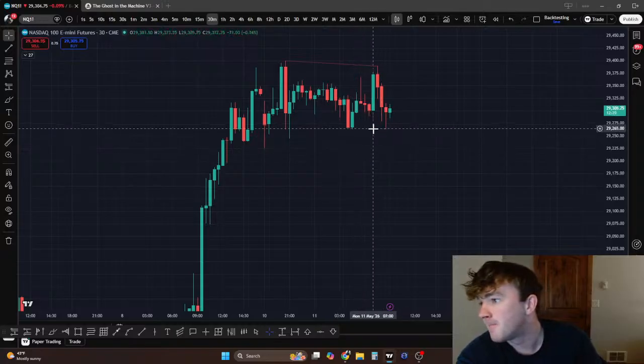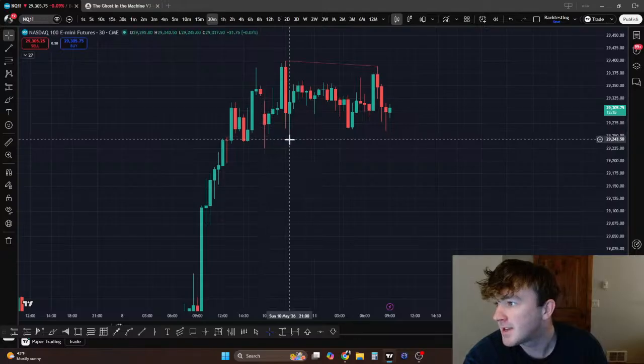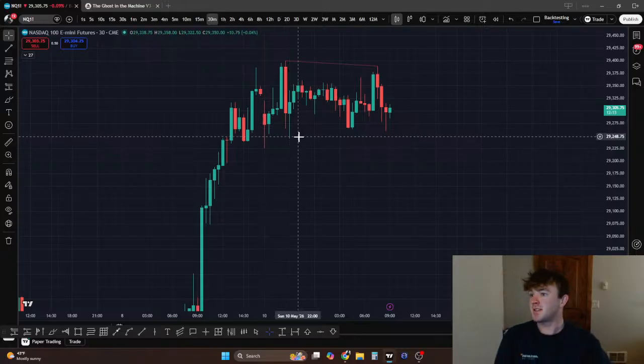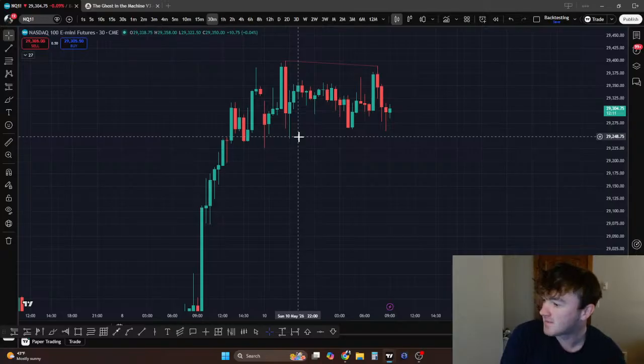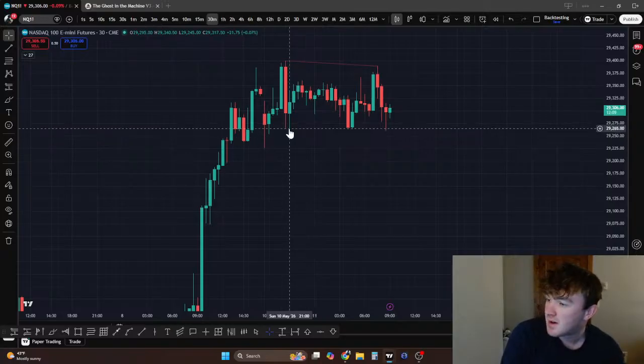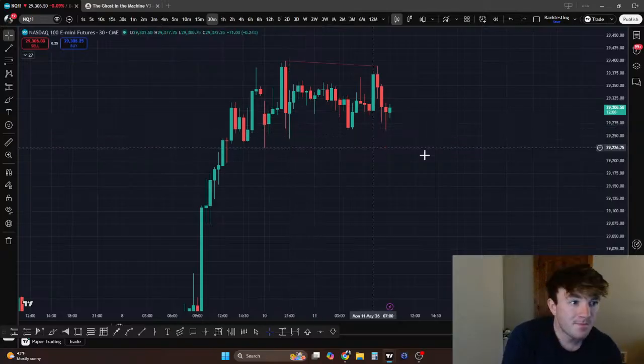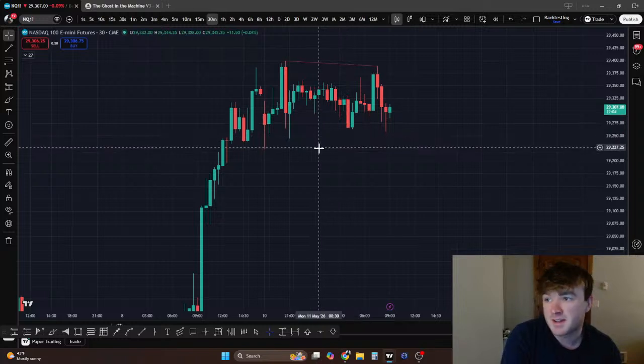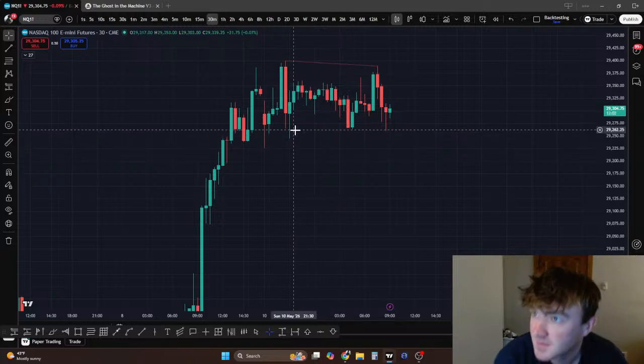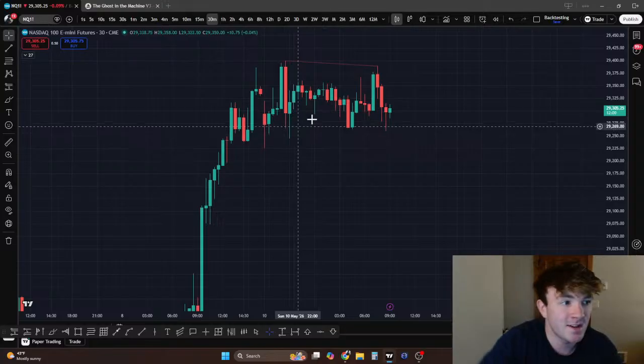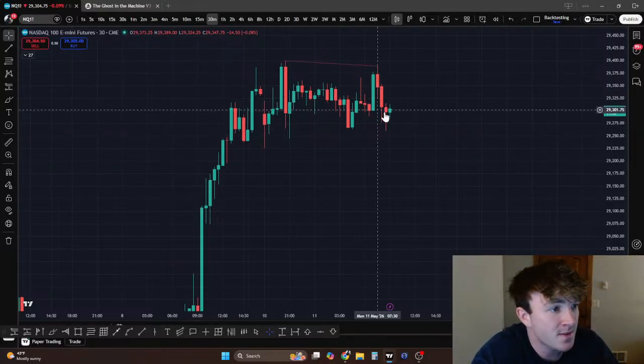And yeah, honestly, it's nice to just manually look for the SMTs, because I just think it's important, because my indicator's not going to catch everything.